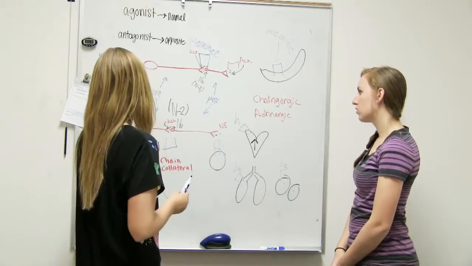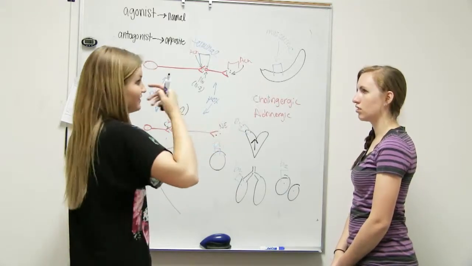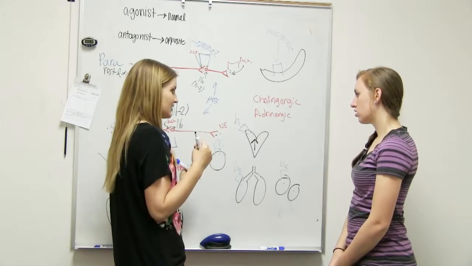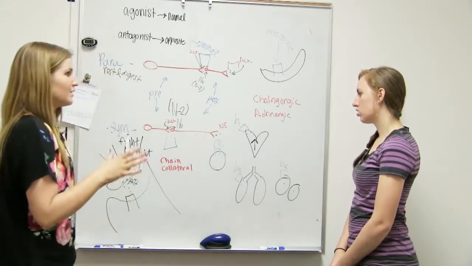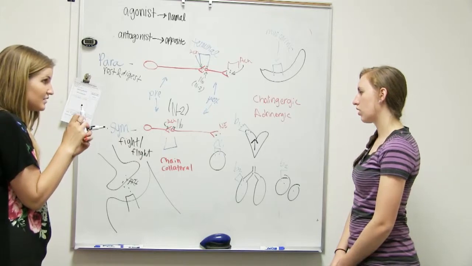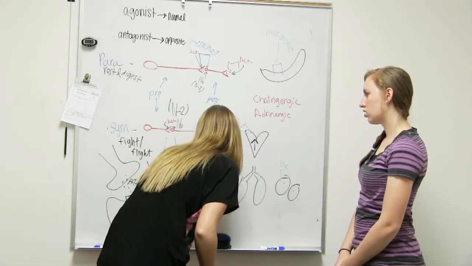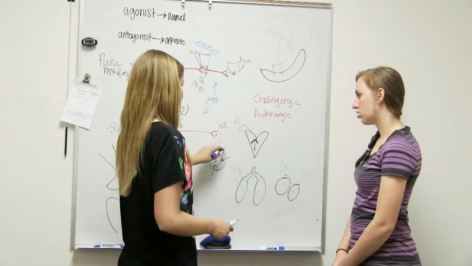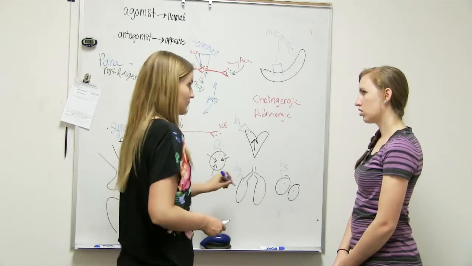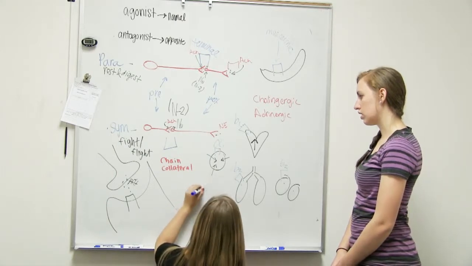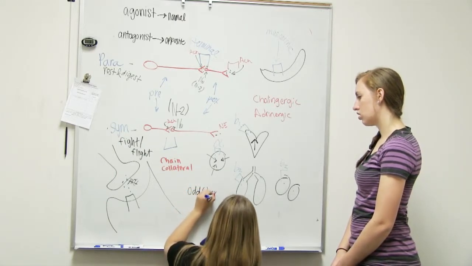Sympathetic, once again, same guy comes in. What are my vessels going to do? It's kind of a harder one, but they're going to constrict. My blood vessels are all going to constrict. This is where it's important to know even and odd numbers. If it's an odd number, like 1, it's excitatory.